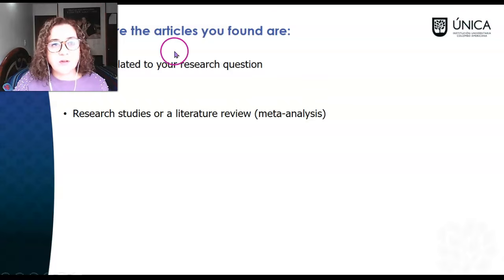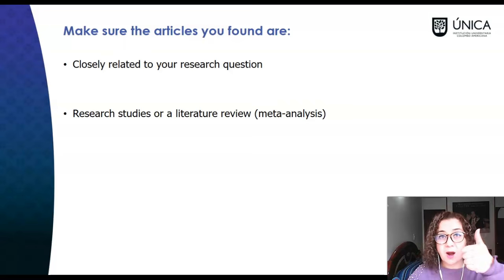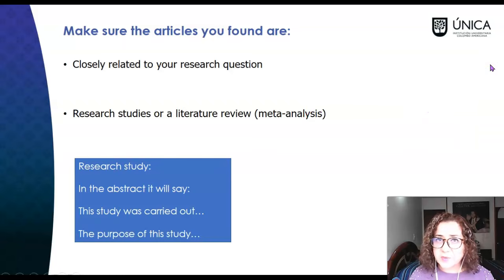So first of all, you need to make sure the articles that you found are, one, closely related to your research question, and two, research studies or a literature review or meta-analysis. So this is very easy to identify.